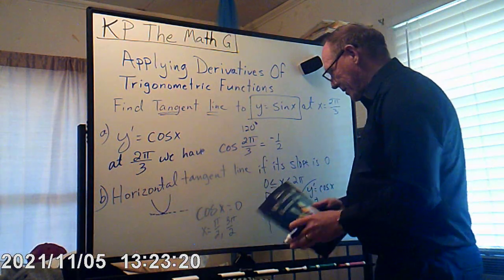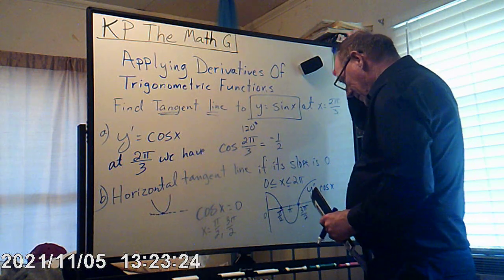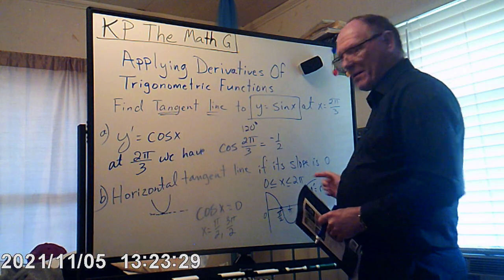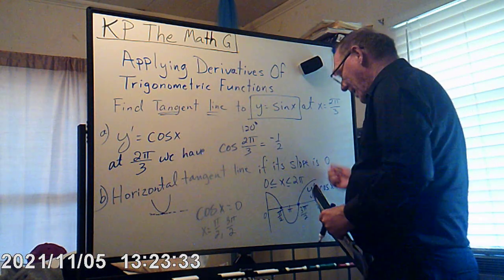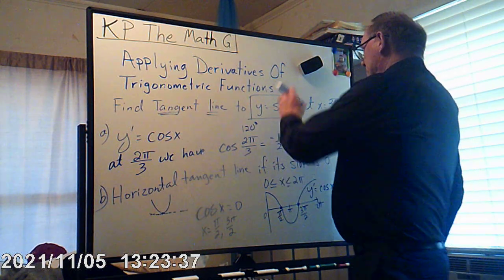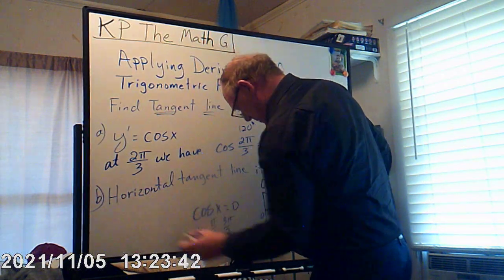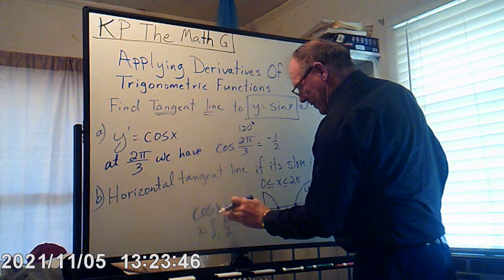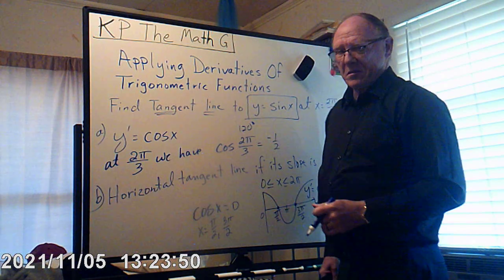And that's it. We're just looking at from 0 to 2 pi. There it is. You might need to know a little bit about how to graph cosine in this particular case, or sine, or whatever. Any horizontal tangent line, the slope is going to be equal to 0.